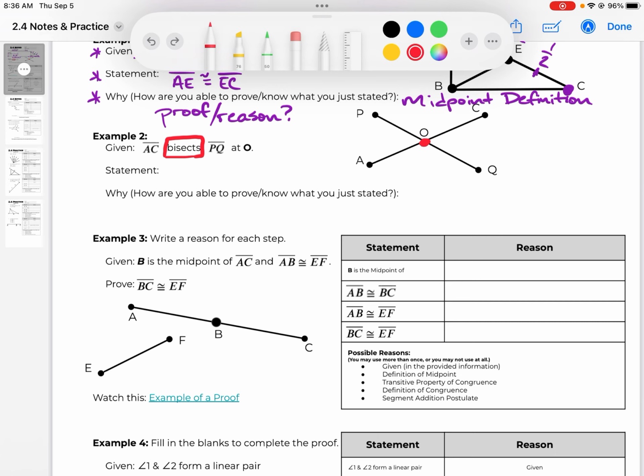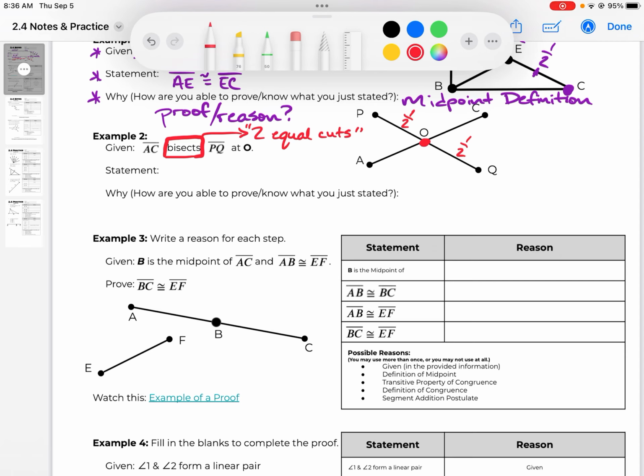Let me write this in a different spot so that I don't block my statement. Important thing to remember there is two equal cuts, if you will. Two equal cuts. Bisect, two cut. All right, so two equal cuts. So it's bisecting PQ. That means that this is half and this is half, all right?